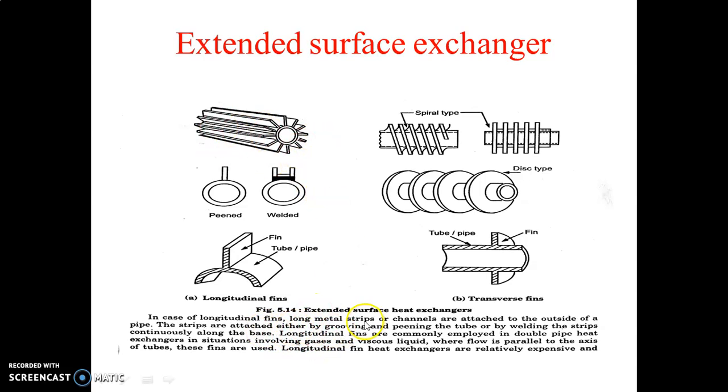In the case of a longitudinal fin, a long plate or channel is attached to the outside of the pipe, and in the case of a transverse fin, a disc type arrangement is made.